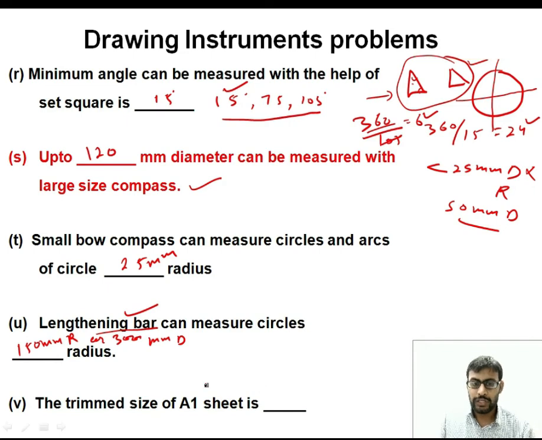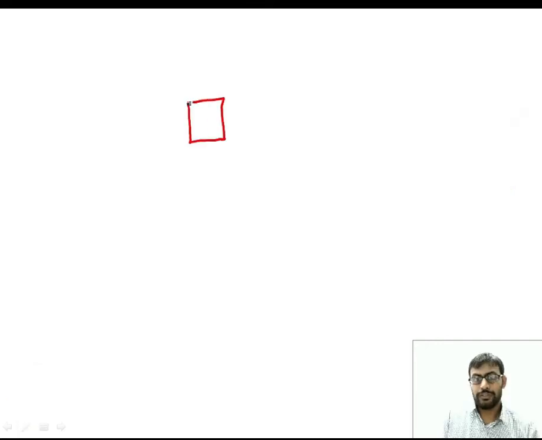What will be the trim size of the A1 sheet? I already talked about the relation between these. For example, this is your A4 sheet. You just need to know the relation for one sheet, and you can identify the others. In the A4 sheet, the length is 297 mm and the width is 210 mm.